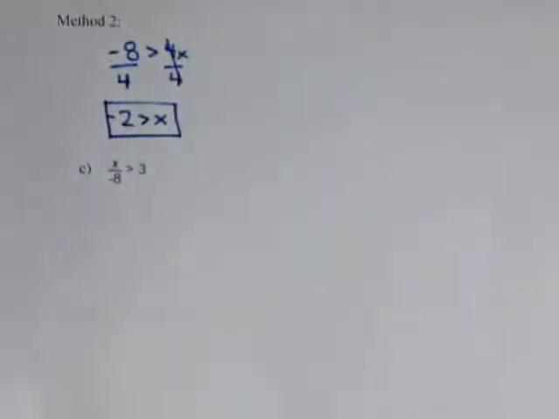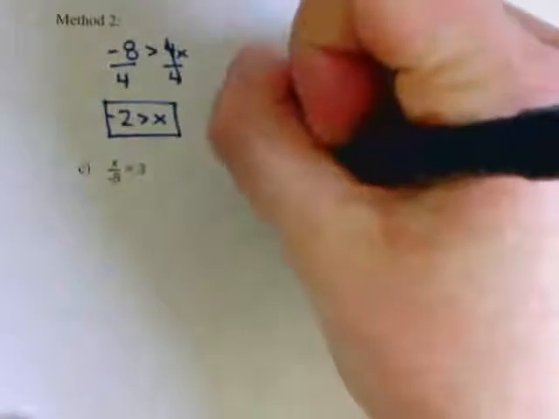Now, the very last example here on this page is a little bit different, and it's actually something that requires you to understand that there's one specific rule, and this is where one of the biggest differences comes between inequalities and equations. Here's the rule.